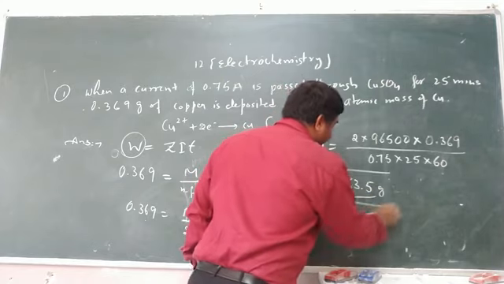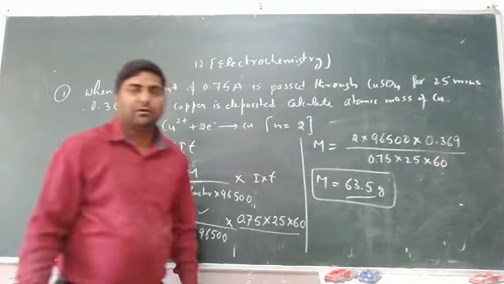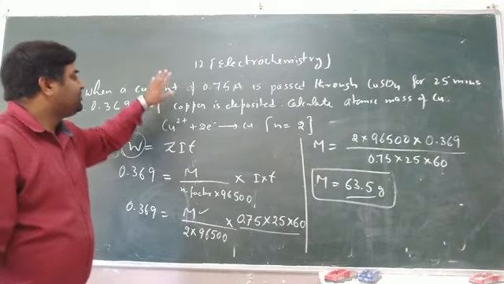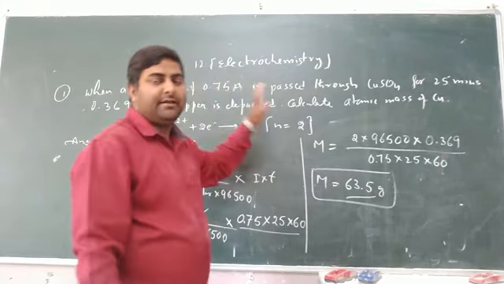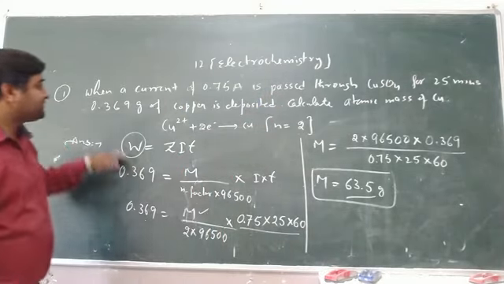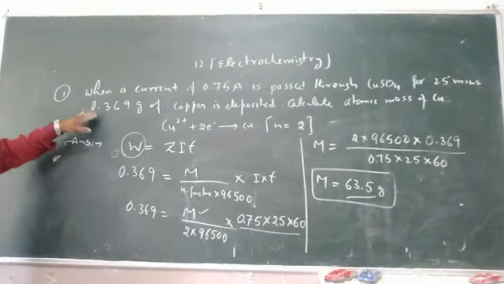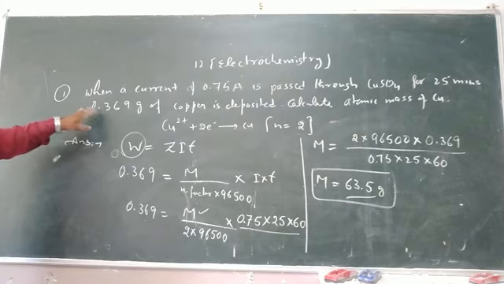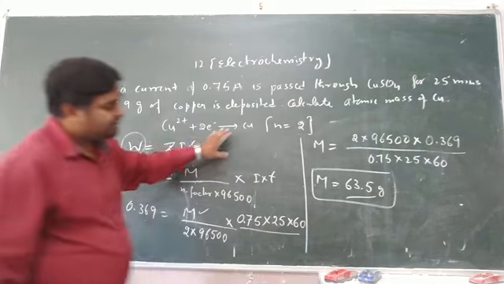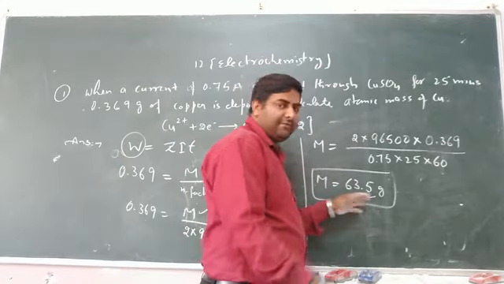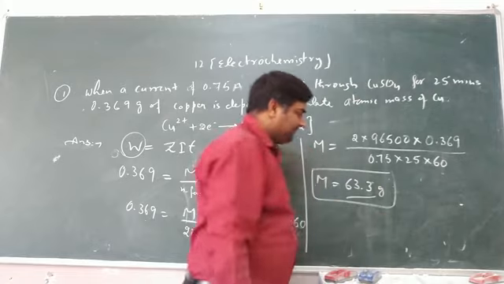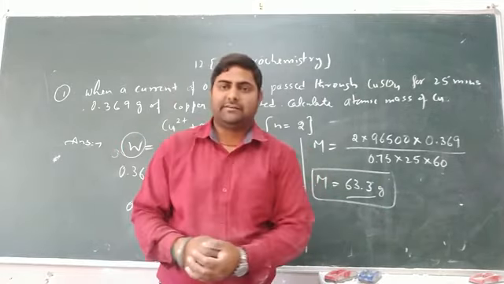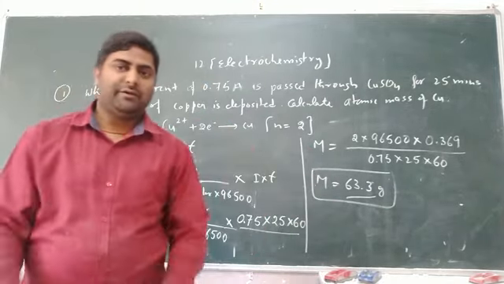That is the molar mass of copper when 0.75 ampere current is passed through the electrolyte, and the amount of copper deposited is 0.369. Here it may be 63.5. Just do it, it's around 63.3. Solve it and check. Let us do another numerical.